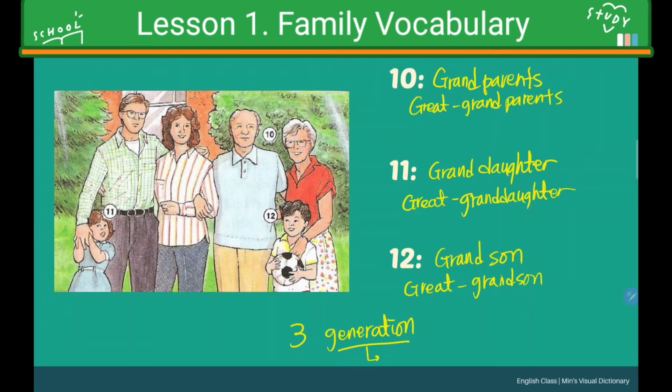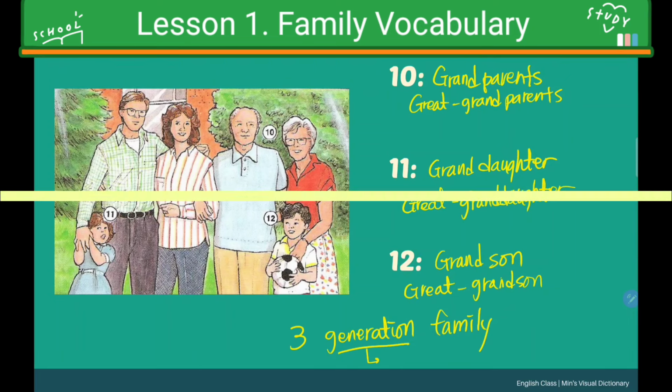The little boys, the grandson and the granddaughter, are born roughly around the same ages, so they are called the same generation. Now we have three generations, so we have a three generation family. And if they had great grandparents in this picture, then we would call this a four generation family.